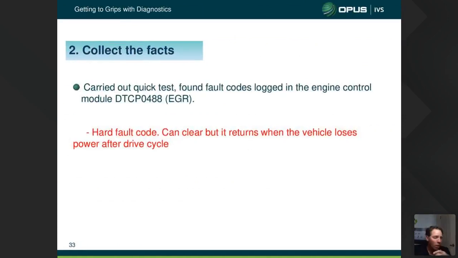Well, EGR fault. It's pretty common in cars these days that EGRs fail. Would the EGR cause it to lose power? Yeah, it could. If the EGR jams open, the engine will lose power, basically because the airflow meter is reporting unmetered air going into the engine when it's not commanded.